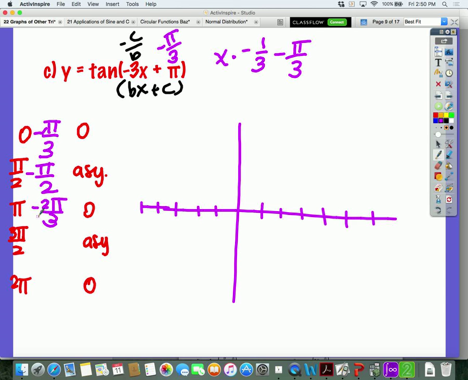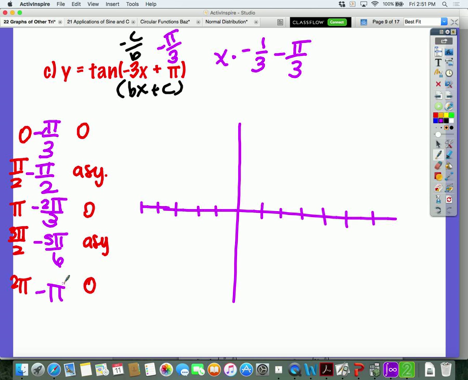All right, what is 3 pi over 2 times negative 1/3? Negative pi over 2, minus pi over 3. And what's 2 pi times negative 1/3? And then minus pi over 3 is negative pi.